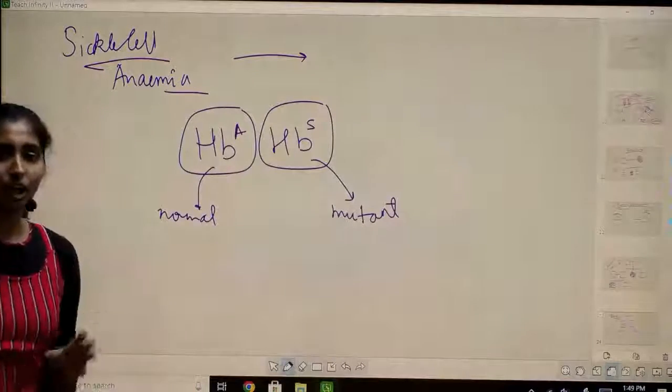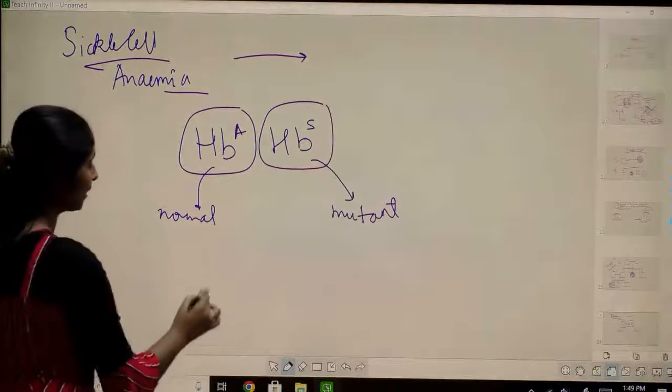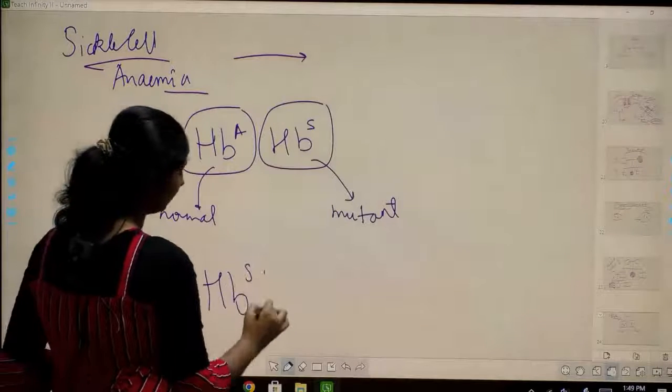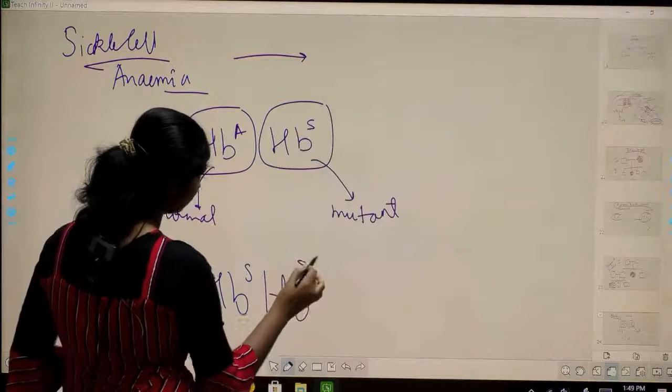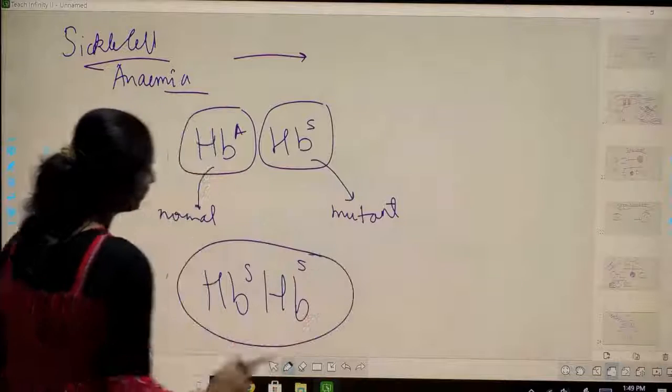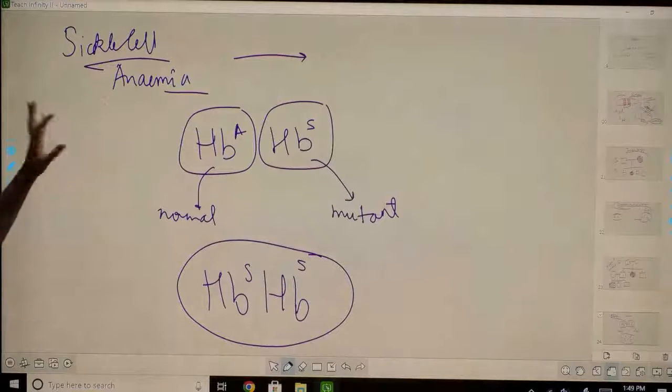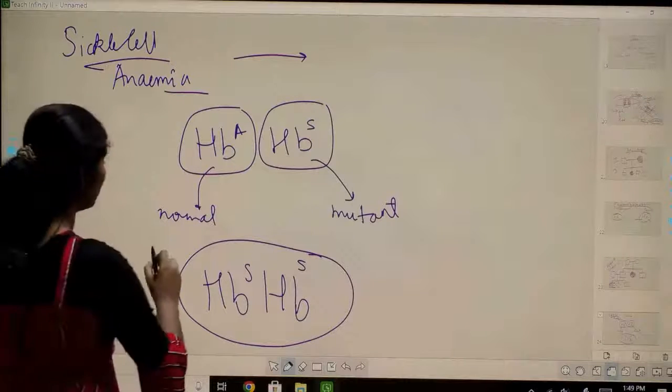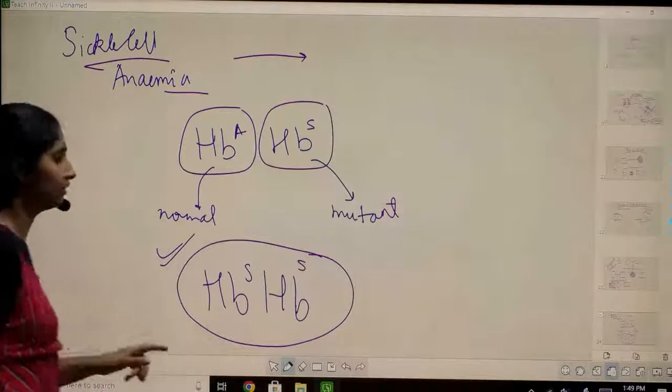When an individual is homozygous for the HBS allele, then that individual gets sickle cell anemia. So this particular disorder can only result when that particular individual is homozygous for the given allele.